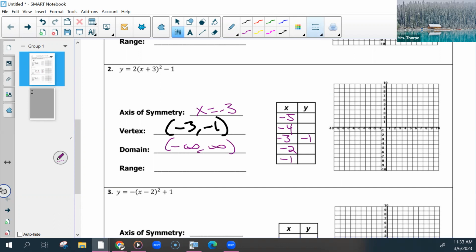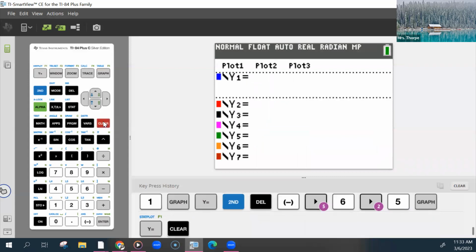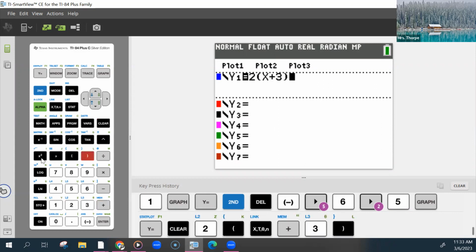But we would put this in to y equals on your calculator, exactly as you see it, so 2 and then the parentheses, x plus 3 squared minus 1.